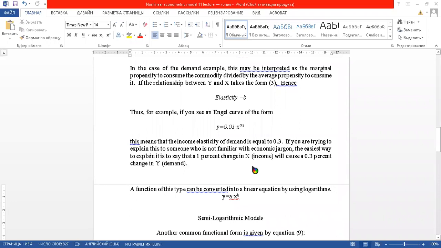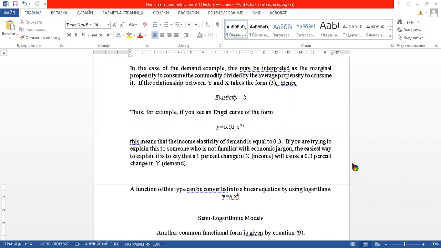So for example, if you see an Engel curve of the form y is equal to 0.01 times x to the power of 0.3, this means that the income elasticity of demand is equal to 0.3.